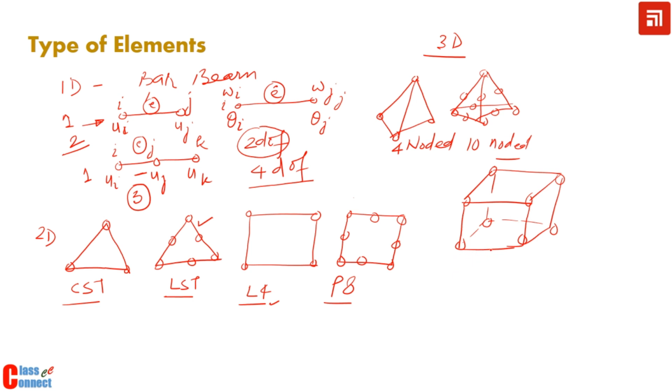If we have the mid side nodes, then it is a 20-noded hexahedron. We also call it a quadratic hexahedron. So this is how we can classify different elements.